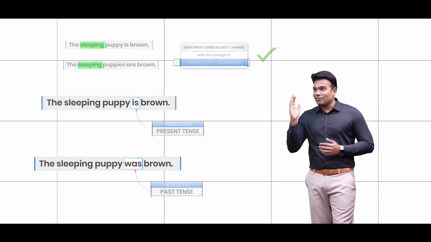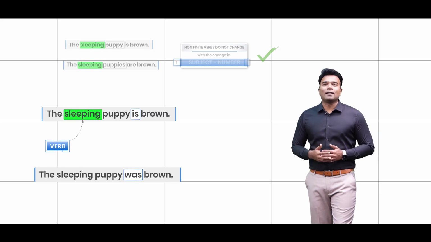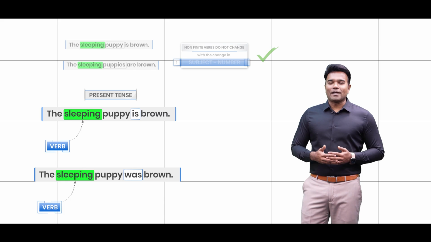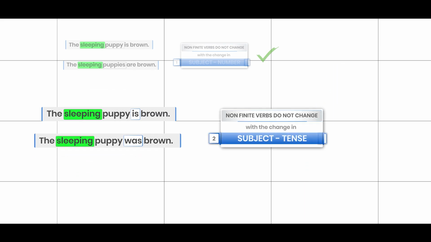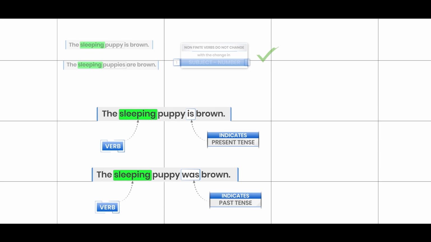What you really have to focus on is the verb. You can notice that sleeping is the verb in the present tense. Sleeping is the verb even in the past tense. In other words, though the tense of the sentence changed from the present tense to the past tense, yet the verb did not change. It remained the same. And it is in fact such verbs that we refer to as the non-finite verbs.